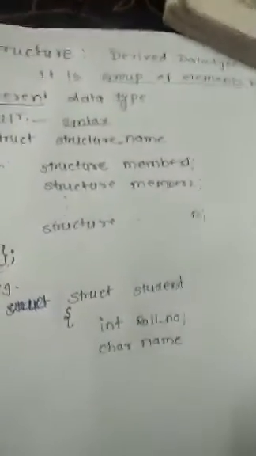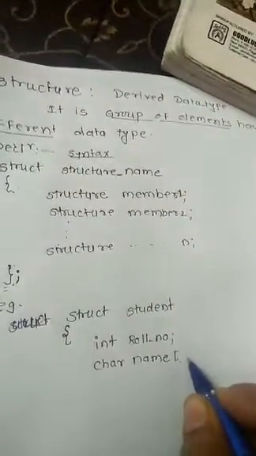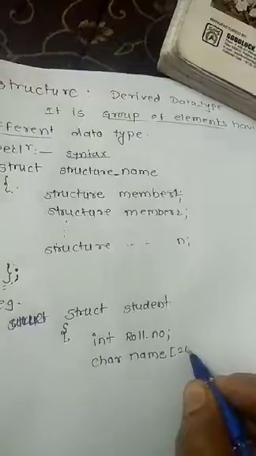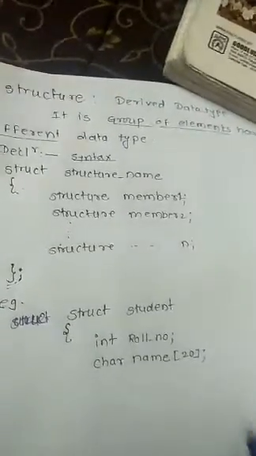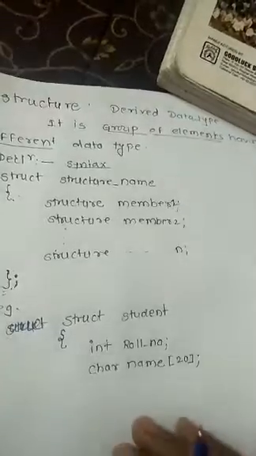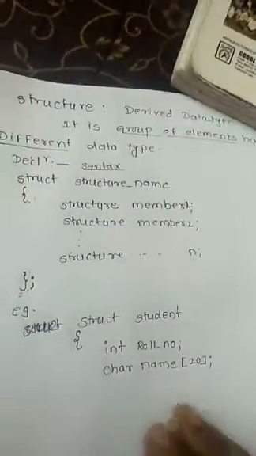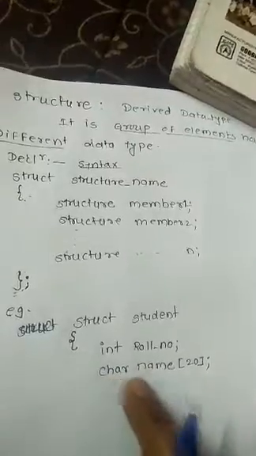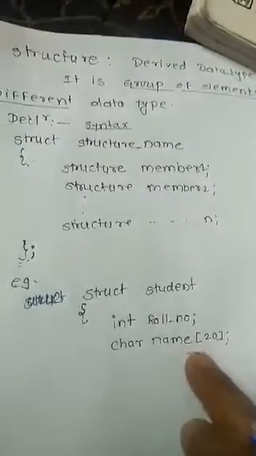It is a group of characters, meaning it is a string, so I declare it as a character array. What is a string? A string is a character array. This name has 20 characters inside it.